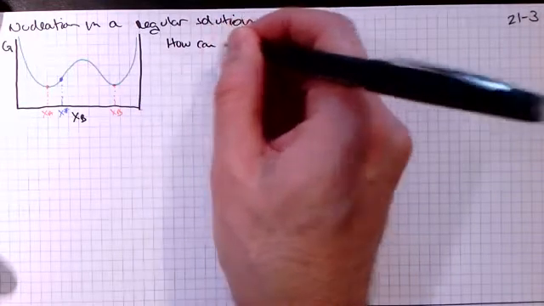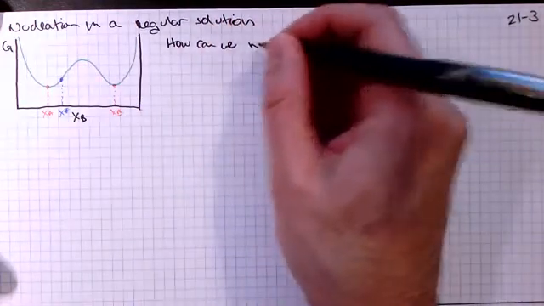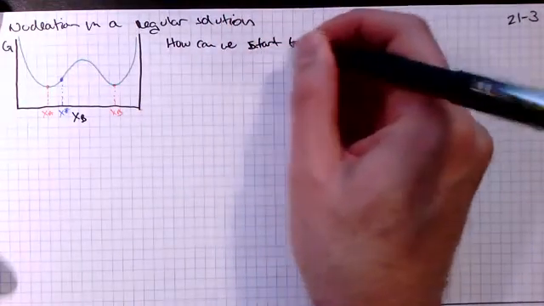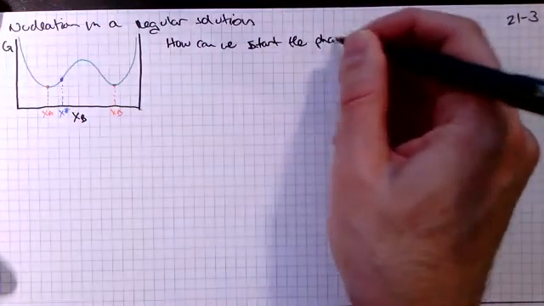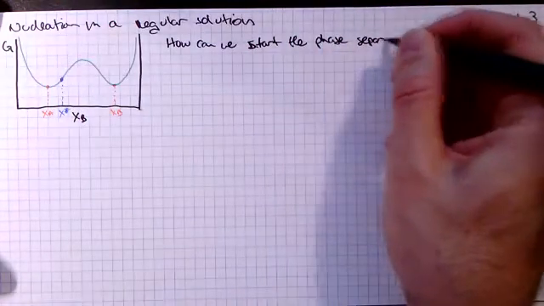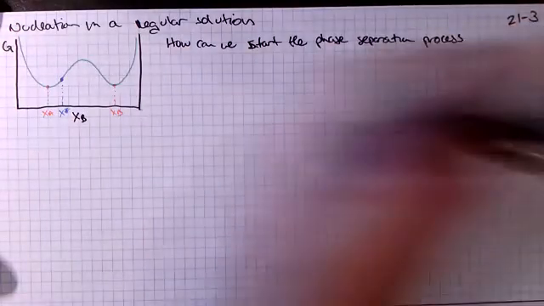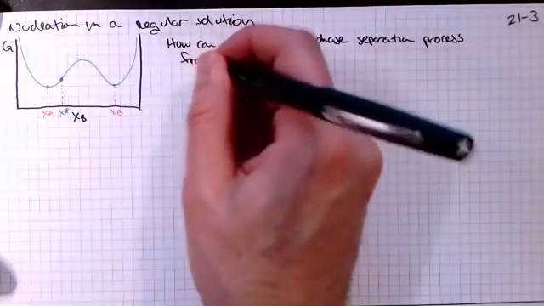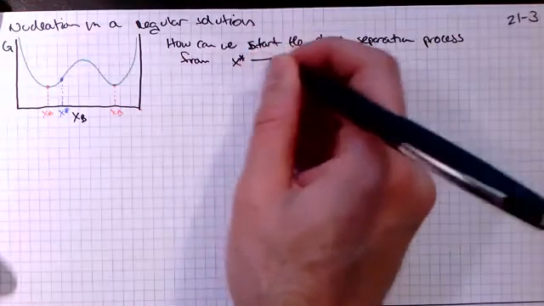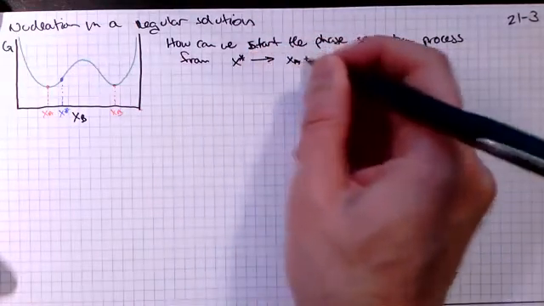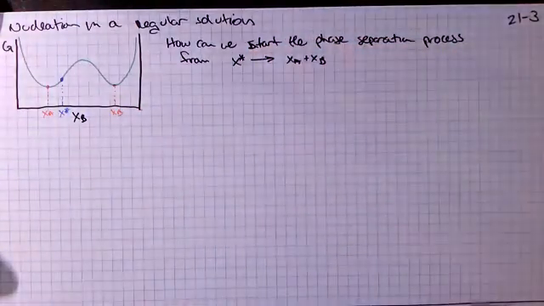And we want to know, how can we start the phase separation process? So we go from X star to XA plus XB, right? Okay.